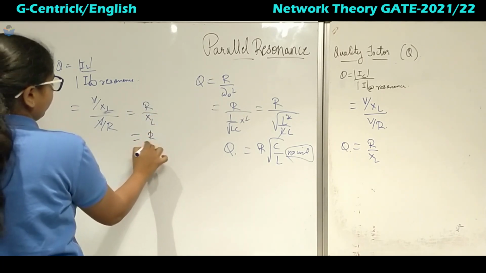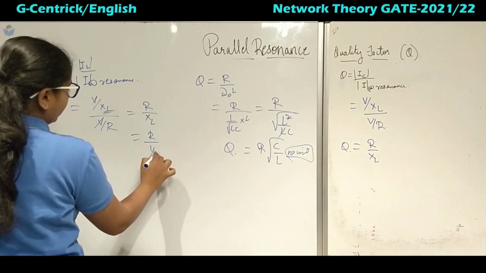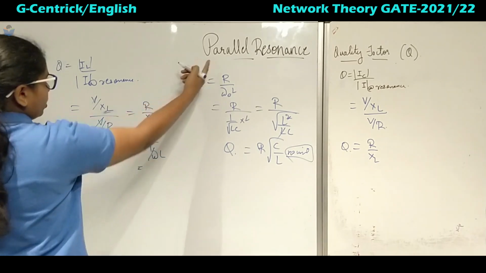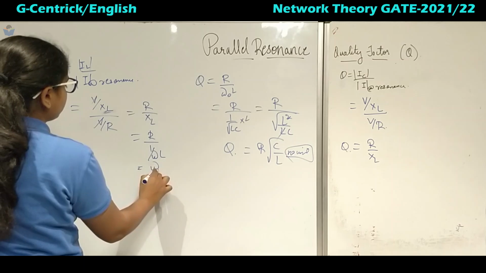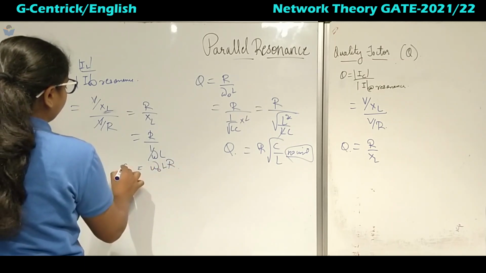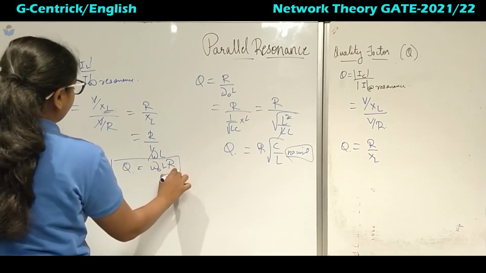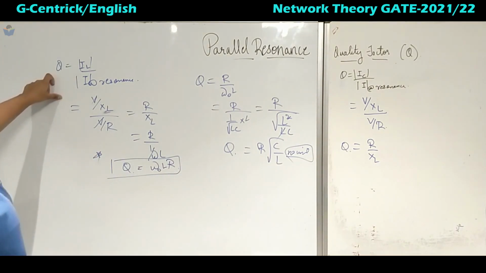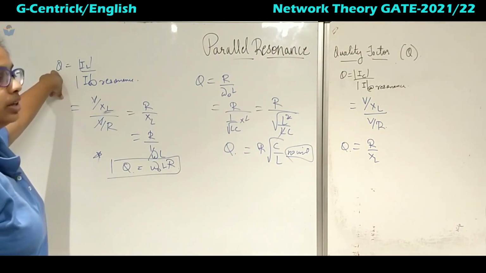This XL is 1 by omega L. Keep in mind that it is 1 by omega L because it is in parallel. So this will become omega naught L into R. This is for the current through the inductor.